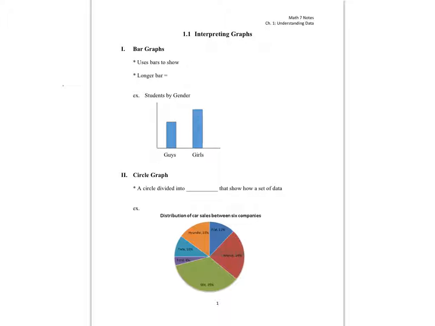Okay, so section 1 is titled 1.1 Interpreting Graphs. First thing on here is bar graphs. I'm guessing you've seen bar graphs before. But a bar graph uses bars to show numerical data.